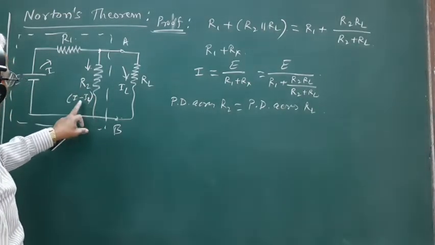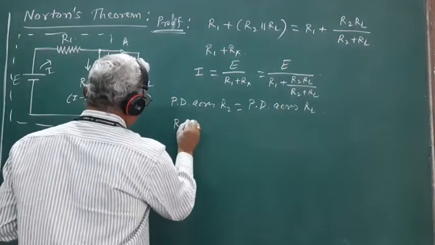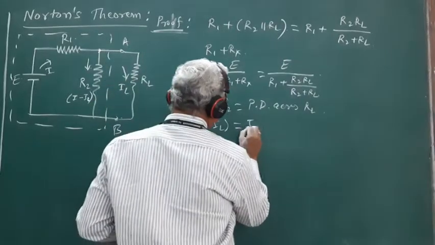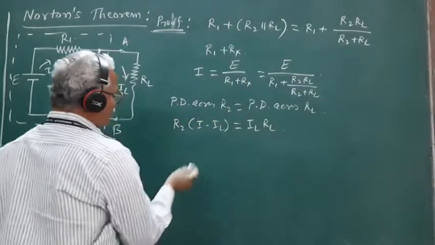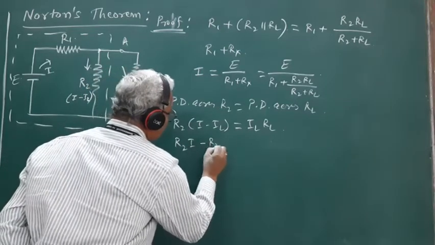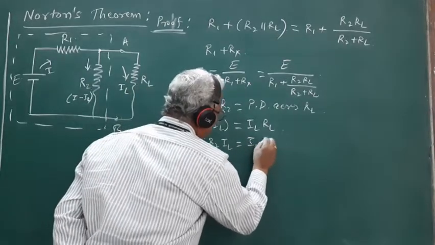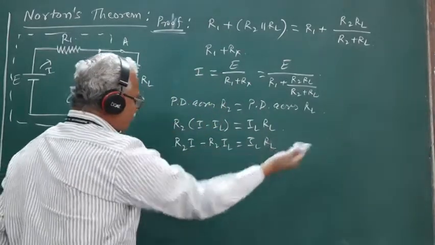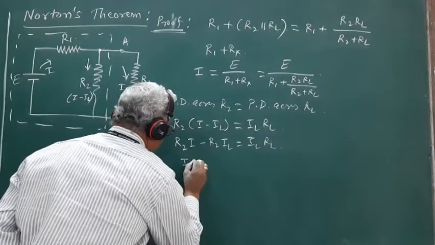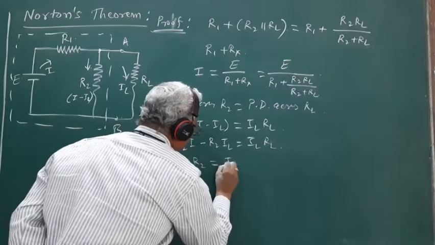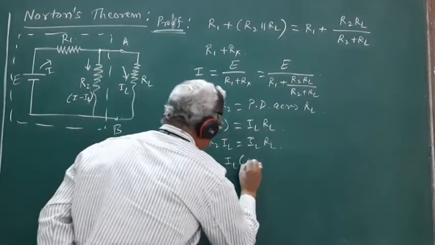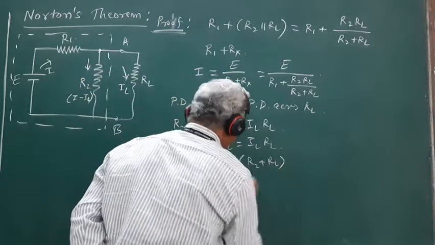So the potential drop across R2 will be R2 into bracket I minus IL, and this will be equal to IL RL. If we open up this bracket, it can be written as R2 I minus R2 IL is equal to IL RL. If we transfer this term to the right hand side and take common, we get I into R2 is equal to IL into bracket R2 plus RL.